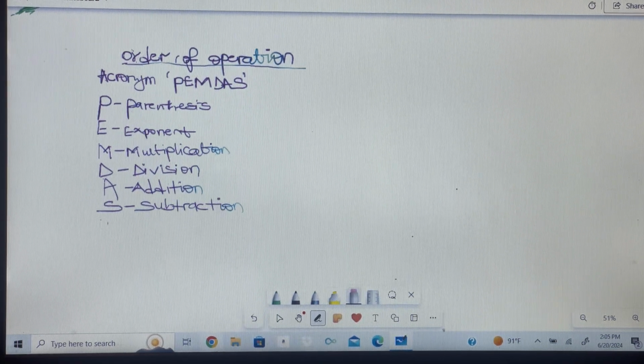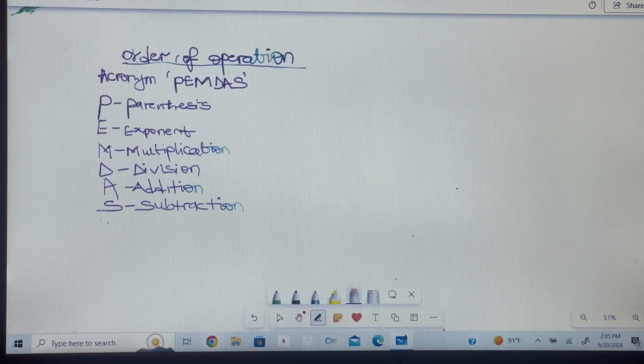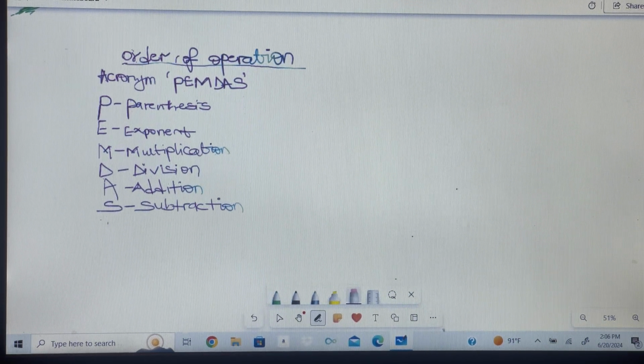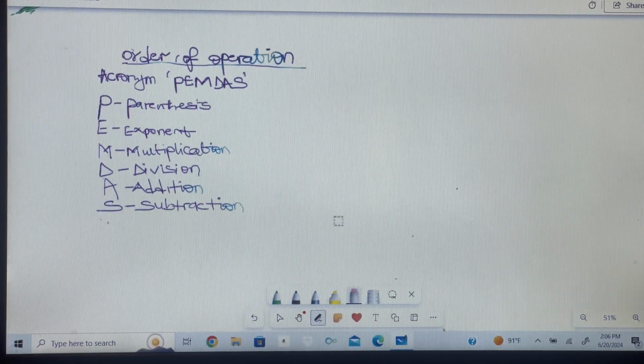You can use the words "Please excuse my dear Auntie Sally" to remember the order of operation, where P stands for parentheses, E stands for exponent, M stands for multiplication, D stands for division, A stands for addition, and S stands for subtraction.